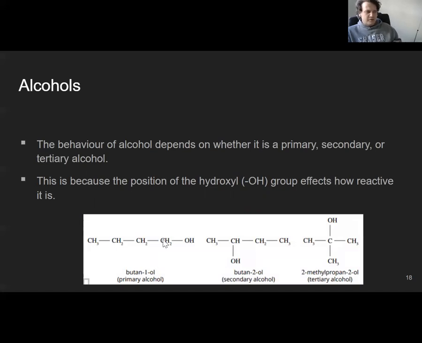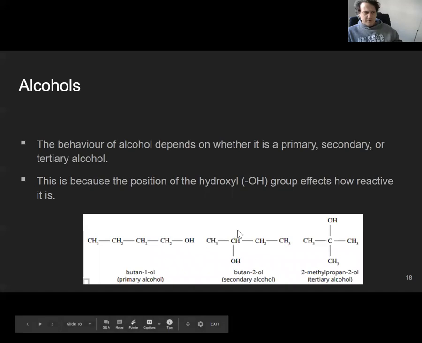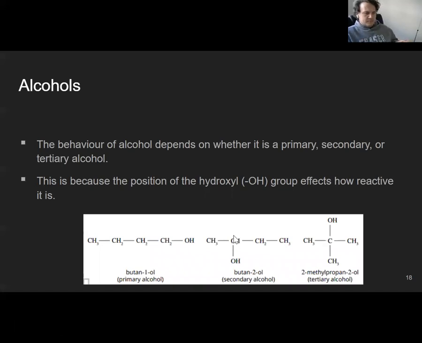Alcohols, so it depends. So the primary alcohol, it comes off the first carbon. Secondary alcohol, it comes off the second carbon. Tertiary alcohol, it's on top.